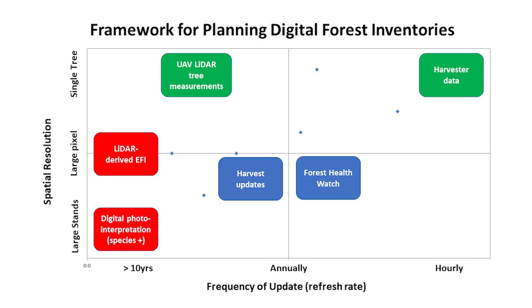What I talked about, a UAV that carries a LiDAR like we have, you can do single tree measurements. It's very expensive. I don't think you want to fly it too often over the same space on the surface of the Earth. Predicting where you did some harvesting, partial harvesting, is still a challenge.